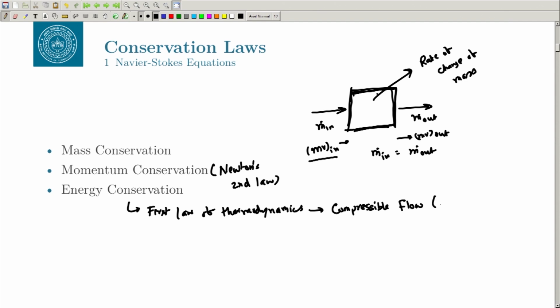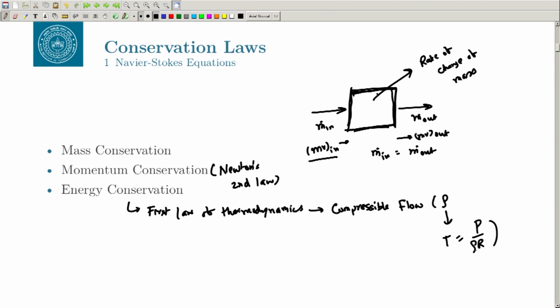If the density is changing, then by your ideal gas equation, or even in real gases or anywhere where there is a relation between pressure, density and temperature, your temperature will change. So, wherever the temperature change is involved, you need to have an energy conservation equation also.